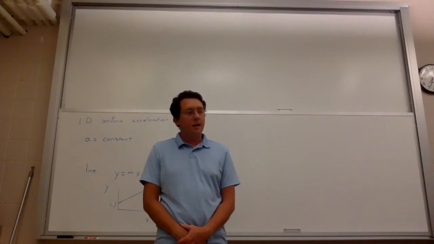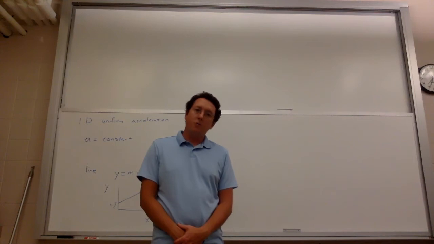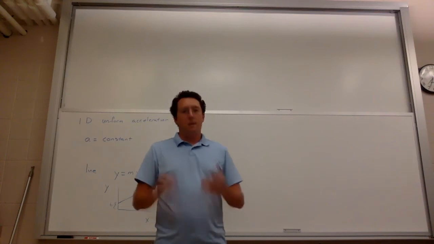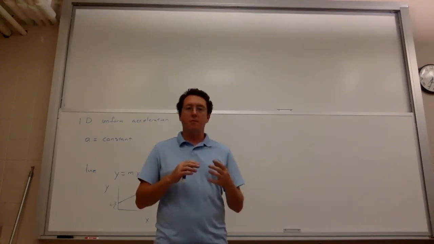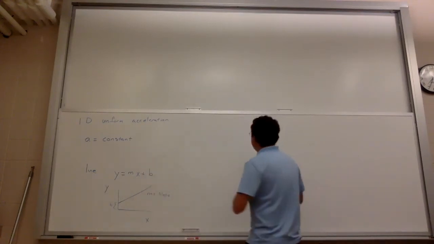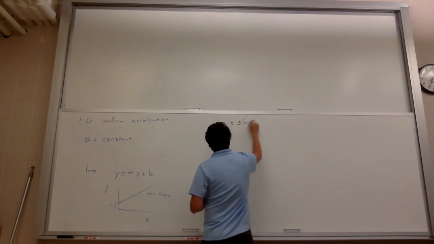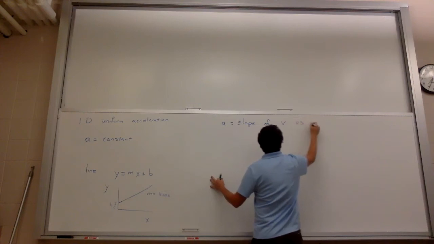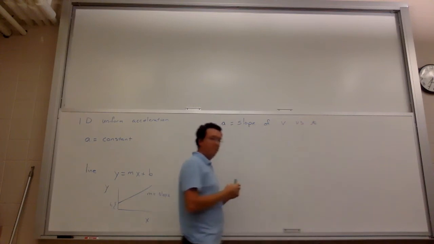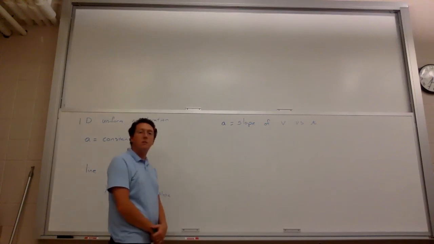And then let's think about that. If acceleration is constant, I can also use the fact that I know how to represent acceleration in a velocity versus time graph. So let me remind you of that. The acceleration is the slope of velocity versus time.